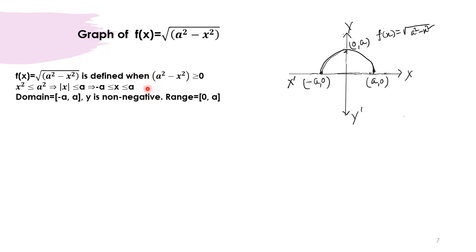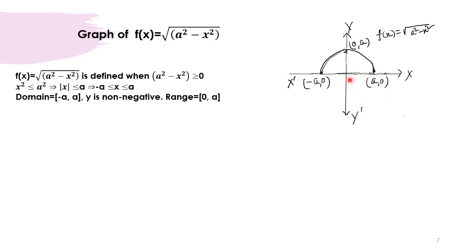Similarly, whenever you take y = f(x) equal to this, you can then get y accordingly. So the domain of this function is the closed interval [-a, a], the range is [0, a], and as you can see, the graph of this function is a semicircle, one end is (a, 0), the other (-a, 0), a semicircle with radius a.